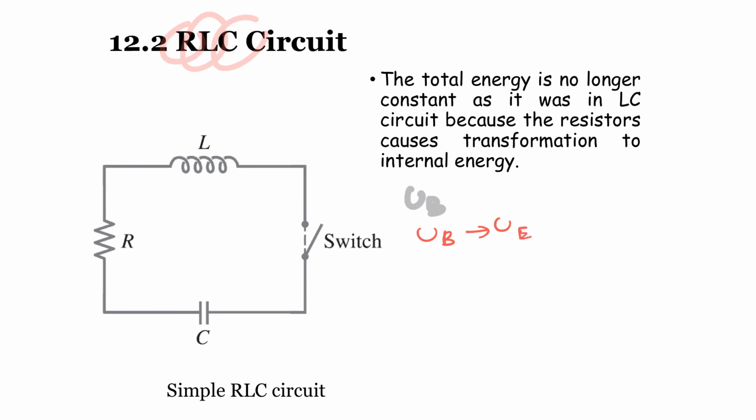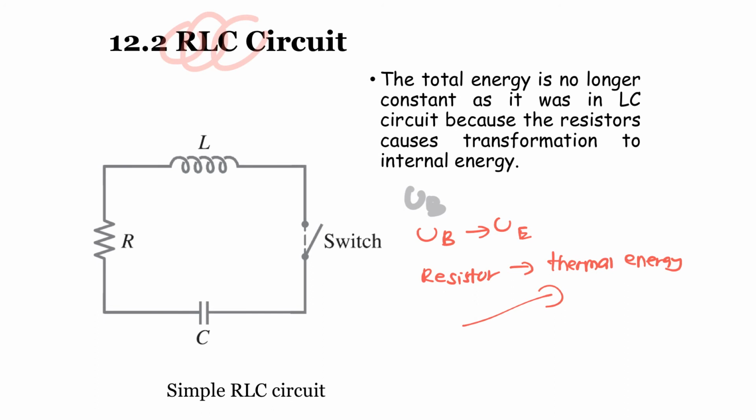But once you have the resistor, you know that a resistor changes energy from electrical to thermal energy, or heat energy. So the total energy before charging and discharging is not going to be the same, because some of the energy is going to be lost as thermal energy.